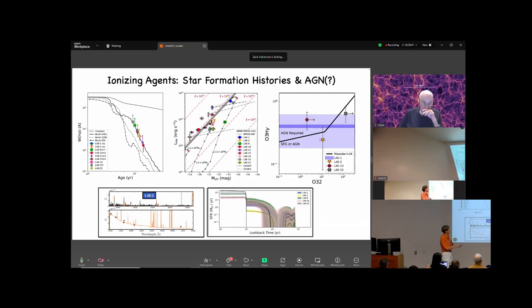And it's interesting that one of our galaxies does favor a position in the AGN-dominated region, although this is a lower limit, so it wouldn't have to be. But there are some other signatures in these galaxies: just based on their high Lyman alpha luminosities, these 3 are also potential AGN candidates.